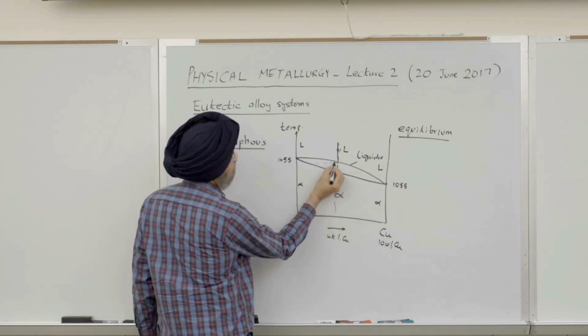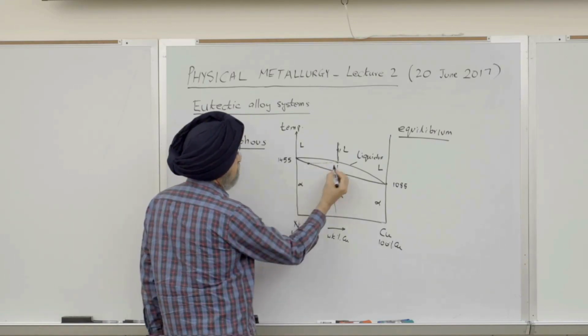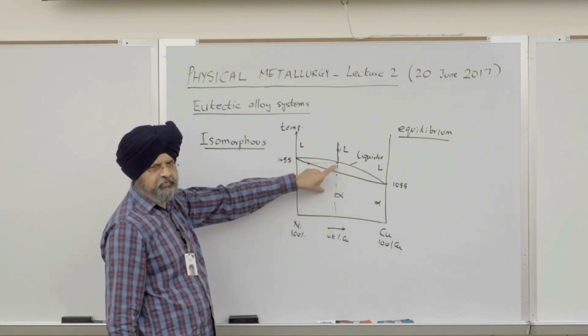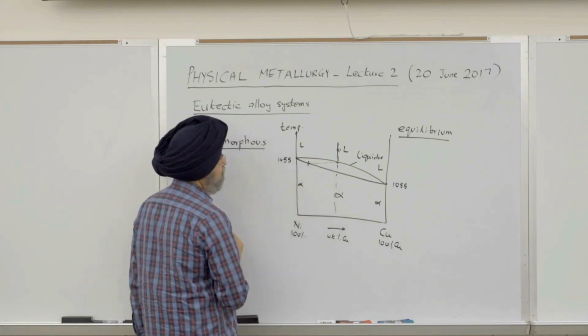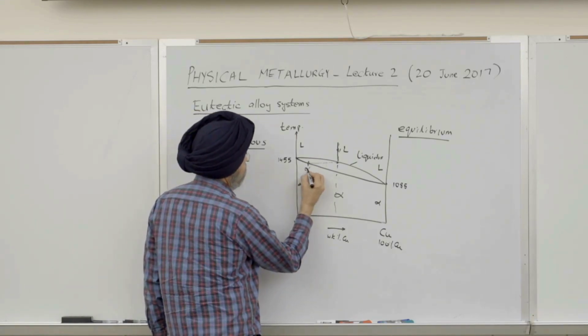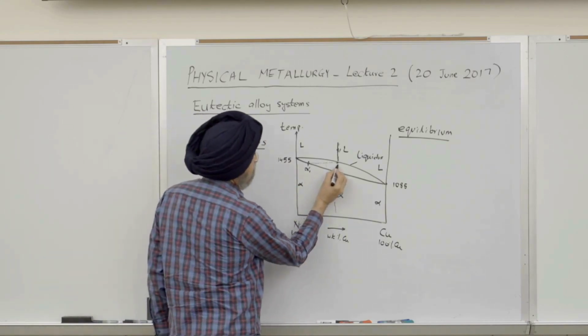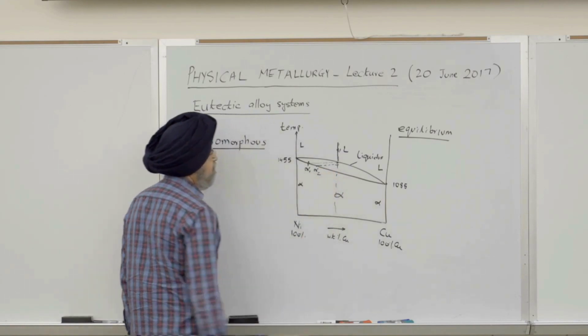When I draw this horizontal line, this is the composition of the liquid just below the liquidus, and this is the composition of the solid that will come out. Let's call that alpha 1. If I cool down a little bit further, I draw another composition, this is alpha 2.